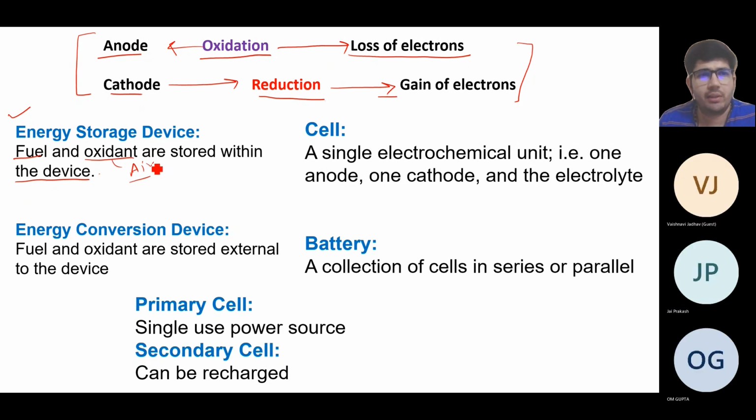Similarly, in electrochemical devices, we need fuel and oxidant for the electrochemical reactions. But here there is no combustion. The electrochemical reactions are happening, and due to those electrochemical reactions we are getting the electricity. But if we talk about a generator or an IC engine, what are we doing?